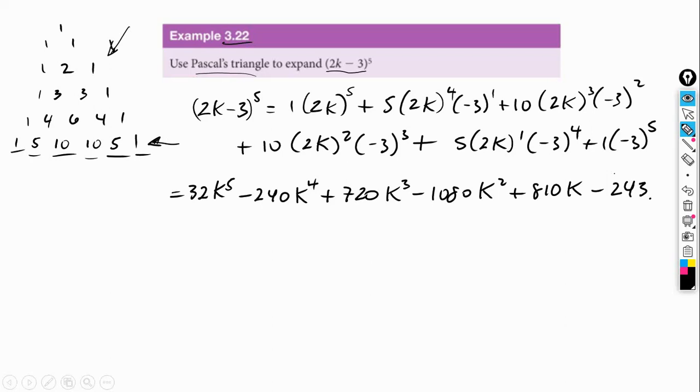So this would be the expansion of (2k minus 3) to the 5 using Pascal's triangle.